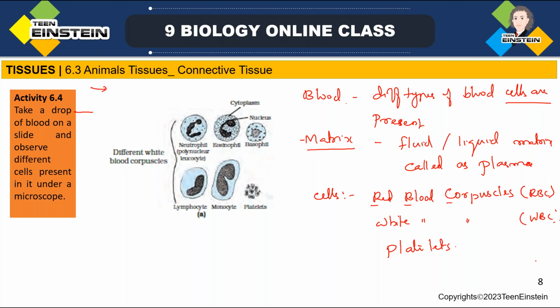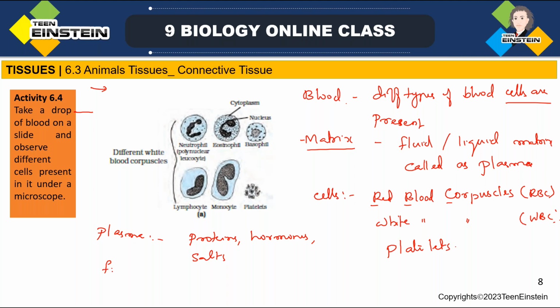Each cell has a specific function. All these cells, RBC, WBC and platelets, are suspended in the fluid matrix called plasma. The plasma consists of proteins, hormones, and some salts.